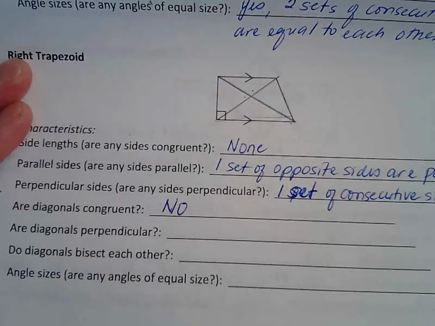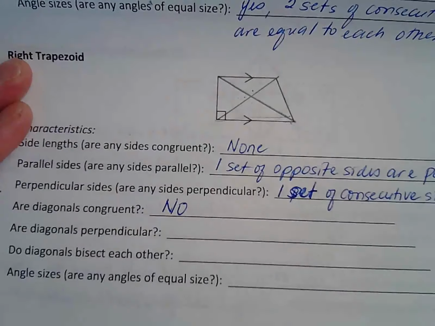Do diagonals bisect each other? Do they cut each other in two equal parts? No. And are there any angles of equal size? No. This angle, no. So, what do you think about this angle? Approximately how big is this? 90.